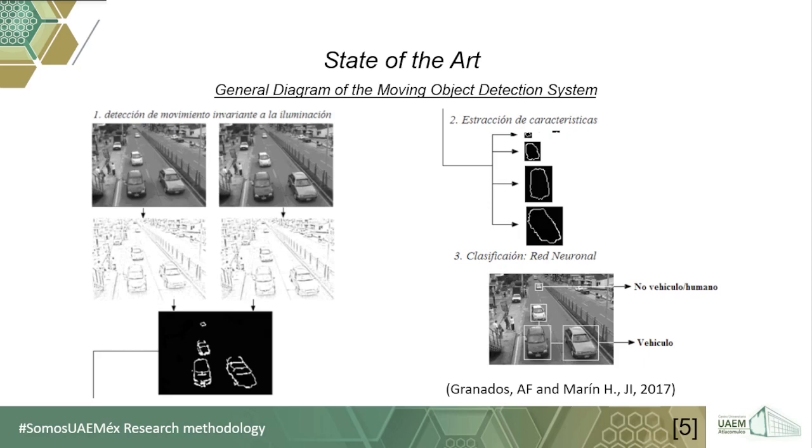Then in point 2 we have the object feature extraction, so the algorithm can extract the features of a car. And then we have the neural network classification that determines if it is a vehicle or a human.